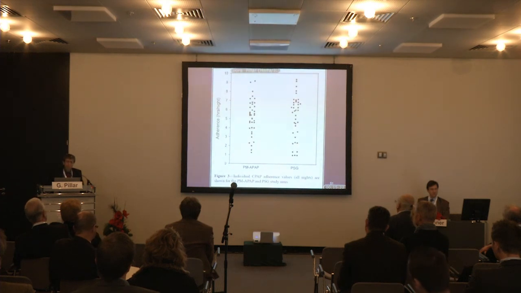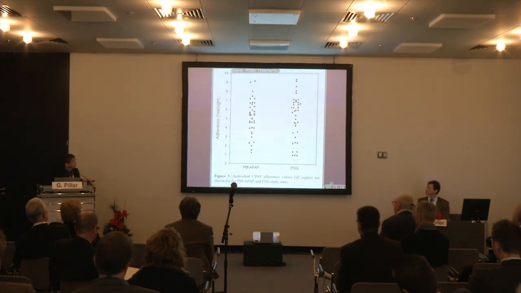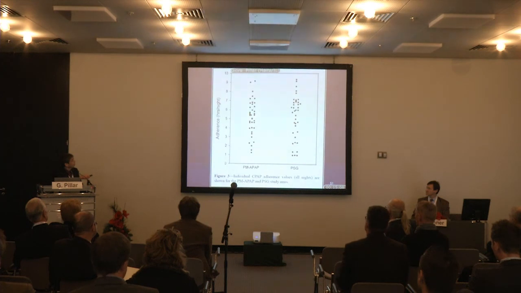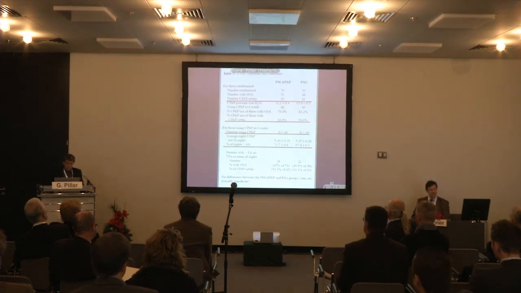This is the result of CPAP adherence after 3 months. This is those who were in the portable monitoring arm, and this is those in the in-lab arm. If we put the cutoff at 4 hours per night, above this is considered better, but you can see that it's comparable. And this is the table from that paper.